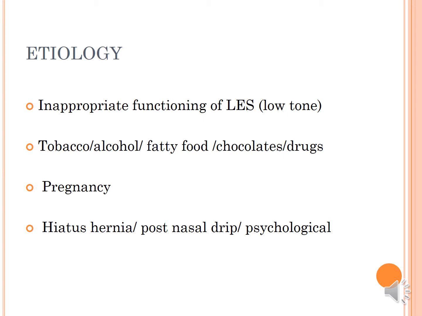Coming on to the etiology, it could be mainly because of inappropriate functioning of the lower esophageal sphincter, or tobacco, alcohol, fatty foods, or chocolates could also be factors, and even pregnancy and some associated conditions like hiatus hernia, postnasal drip, or psychological causes.